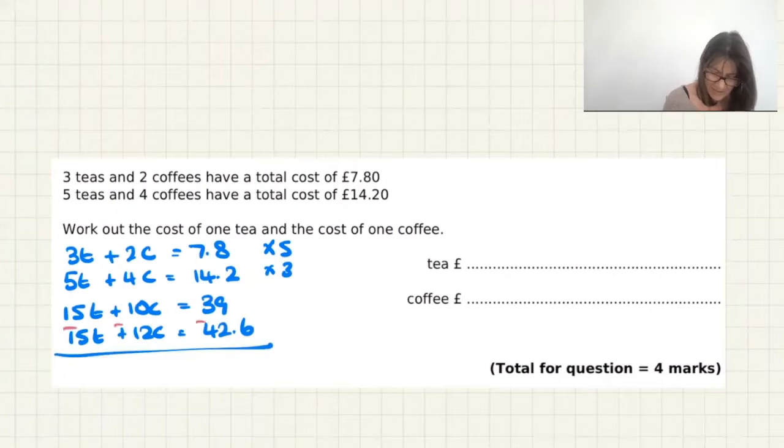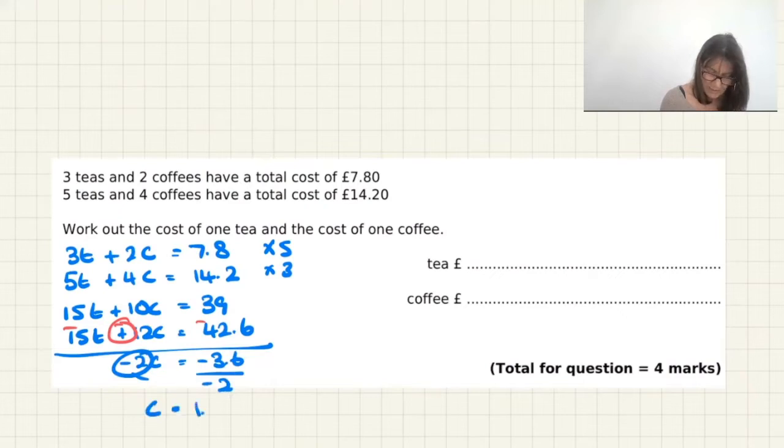The t's have gone. 10c take away 12c is minus 2c. 39 take away 42.6 is minus 3.6. And when I divide through by that minus 2, I get c is equal to 1.8.